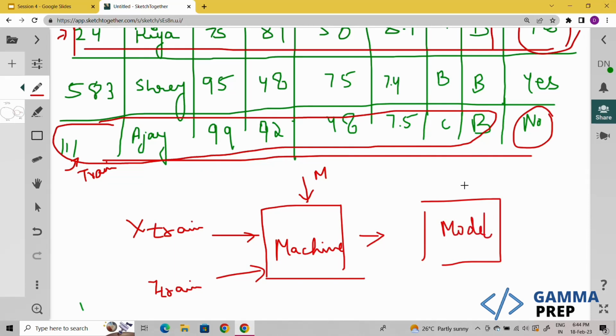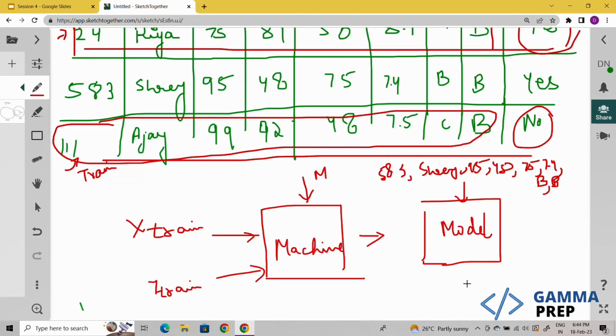Now to your model, you are going to give 583, Shrey, 95, 48, 75, 7.4, B, B. And then based on this, you will say that, hey, this is the data.